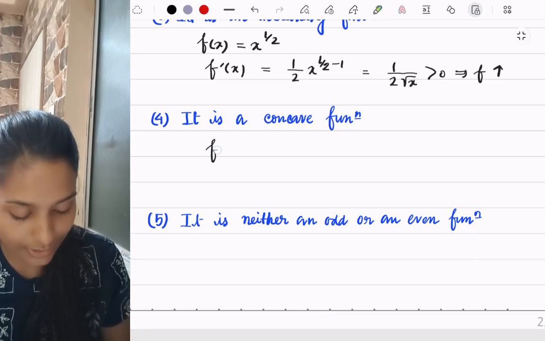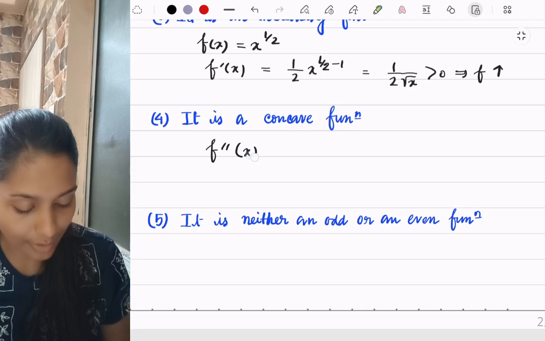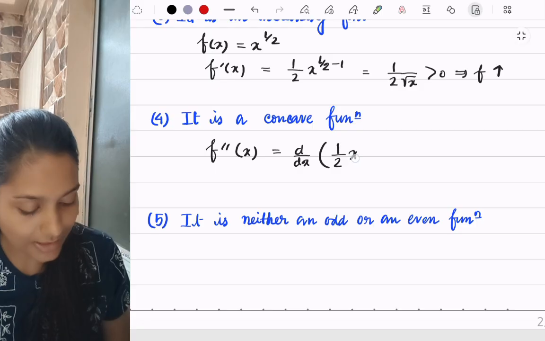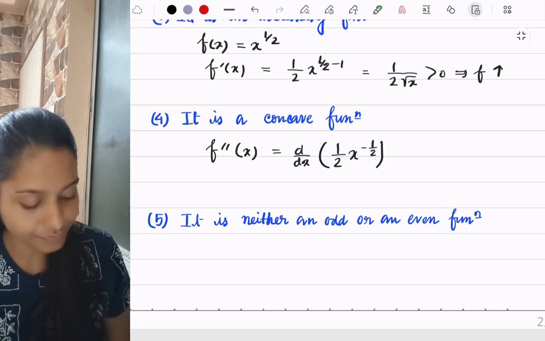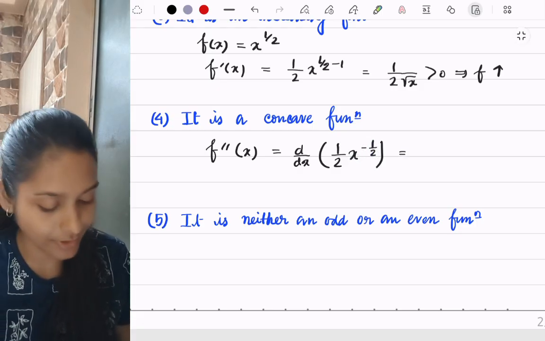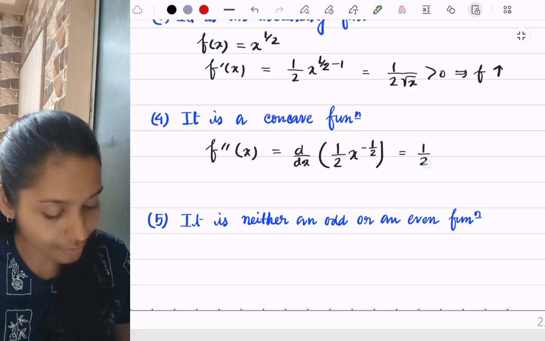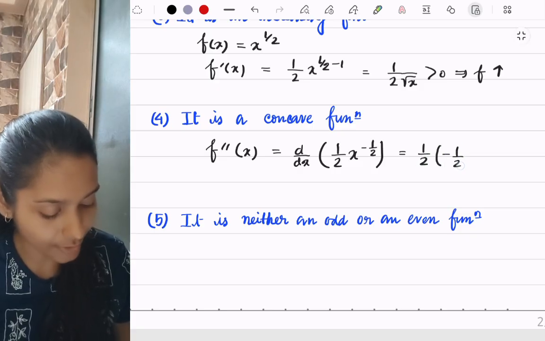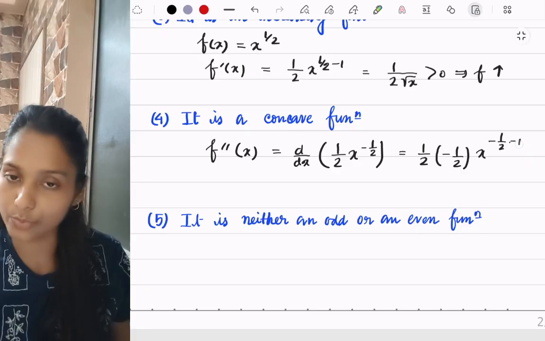So the second order derivative gives f double dash x, that means d/dx of half into x power minus half. If we do the derivative, we will get half into minus half into x power minus half minus 1.